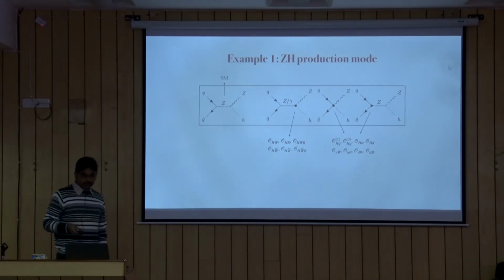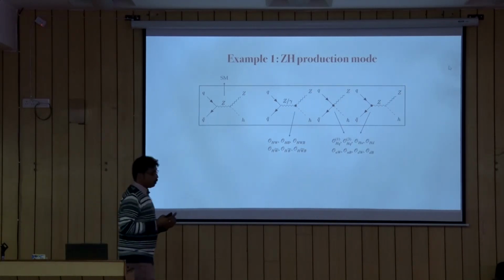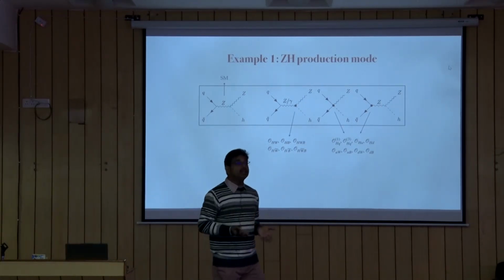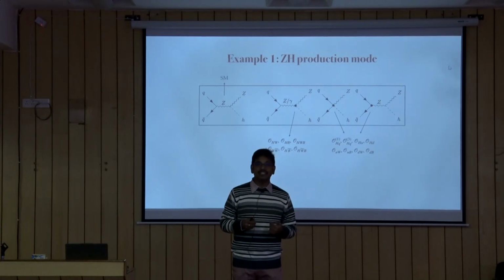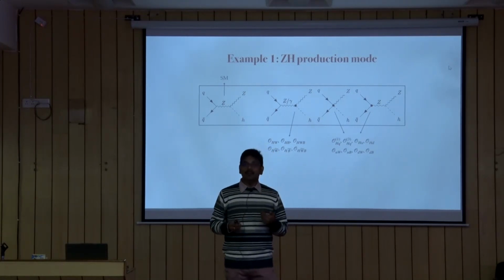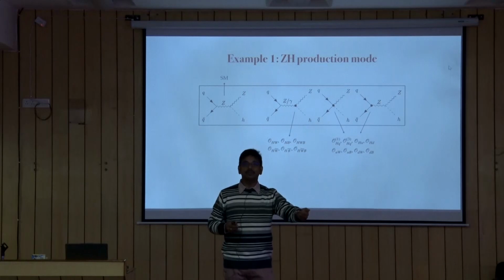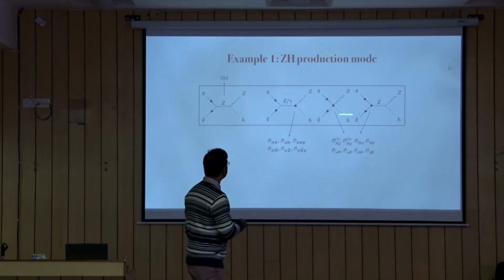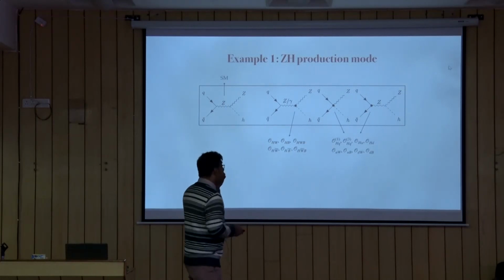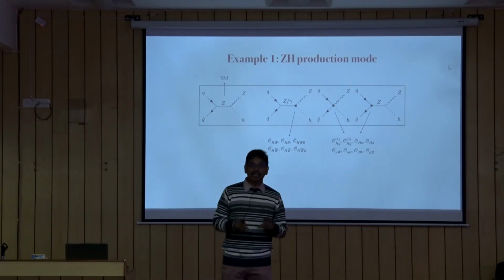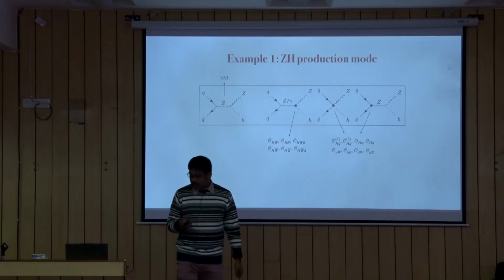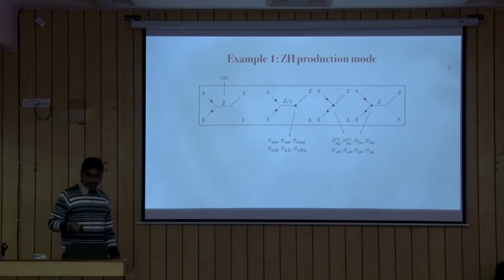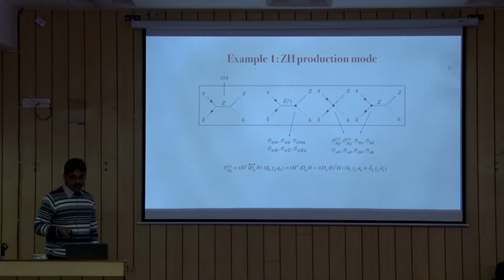So the point is, when you are calculating your ZH production at the LHC, on top of the standard model, if you take the contributions from these higher dimensional effective operators, then all these different diagrams will contribute. Whether they will interfere or not depends on their CP nature, etc. But all the other graphs one has to consider.